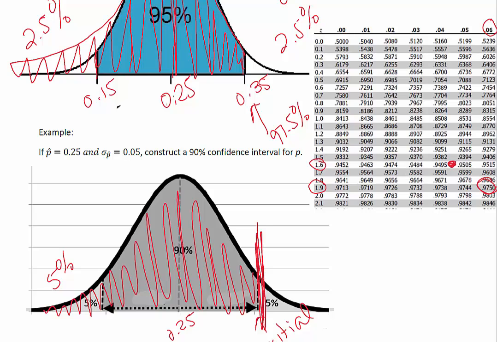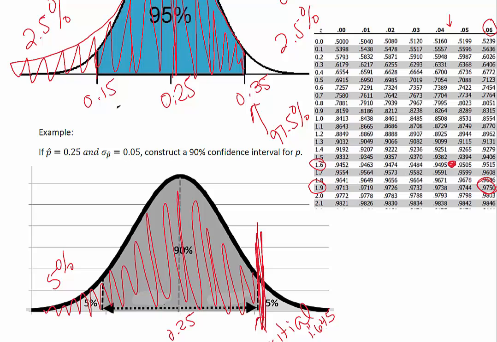So that is 1.64 or 1.65. Either one would actually be accurate, and that would be considered our critical value. I'm going to use 1.645 because that would be right in between those two. But you can actually pick one or the other. We're looking for a close value, but it doesn't have to be identical.